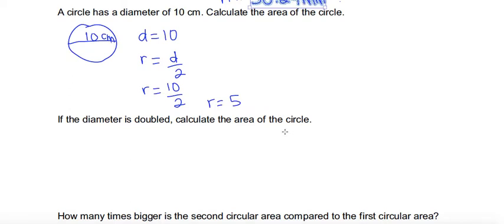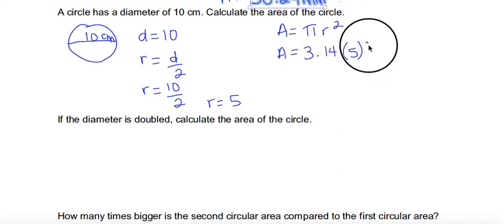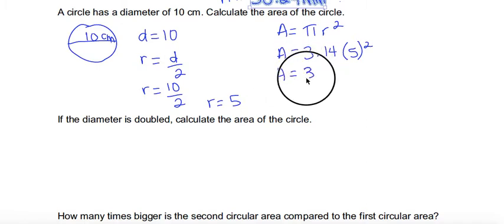So if you're given the diameter of your circle, you have to calculate the radius first because the area of a circle uses radius. So the area of a circle is pi r squared, which in our case is 3.14 times 5 squared. You can calculate 5 squared in one step.